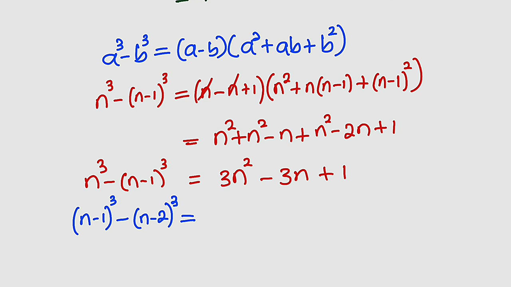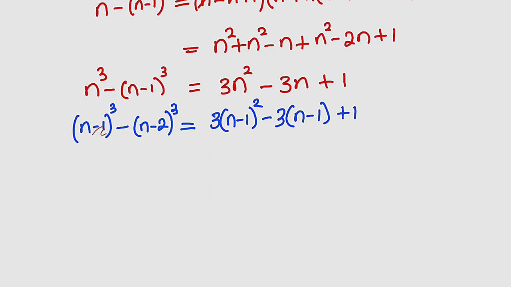So this is equal to, all we have to do is to substitute n equal to n minus 1, because you can see here we have n, here we have n minus 1. And the right hand side is written in terms of n. So we are just substituting n equal to n minus 1. So this will be 3 times n minus 1 squared, right? Minus 3 times n minus 1, then plus 1.